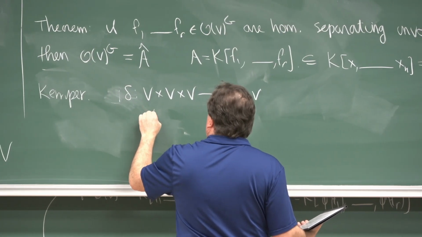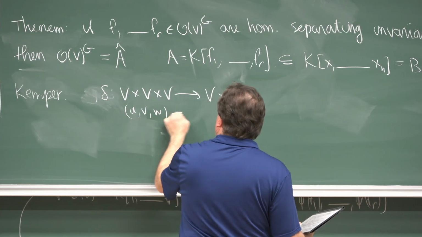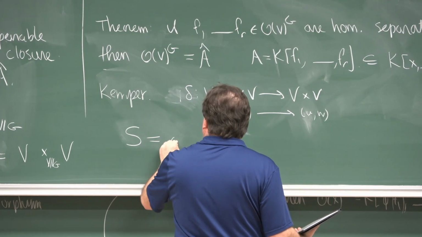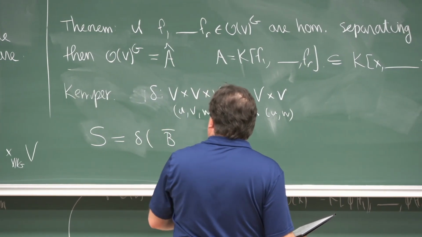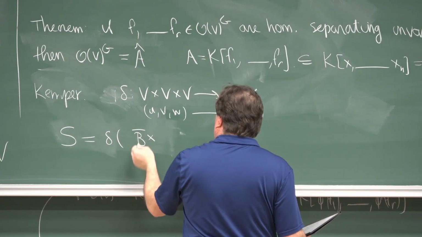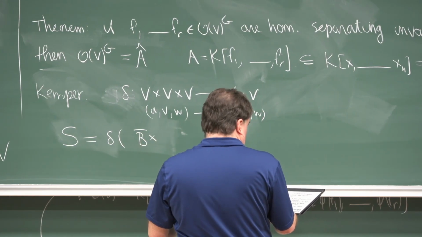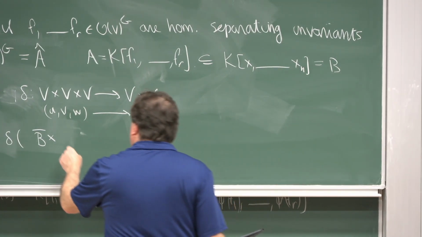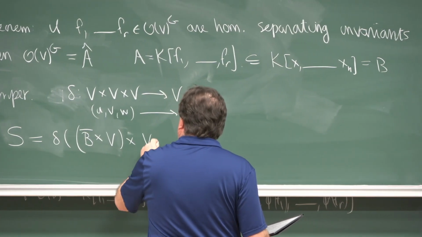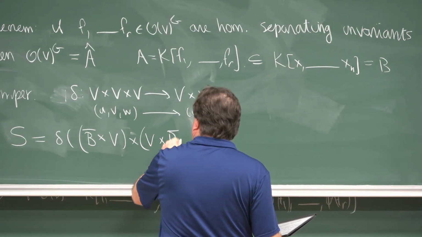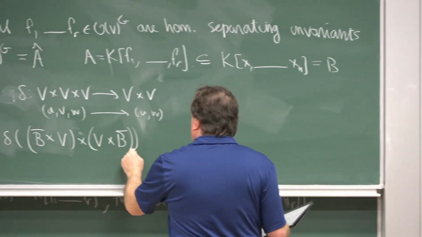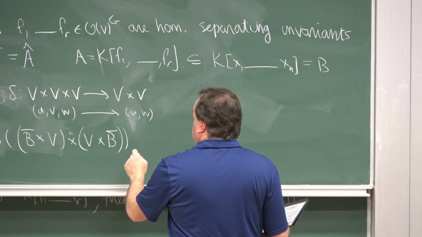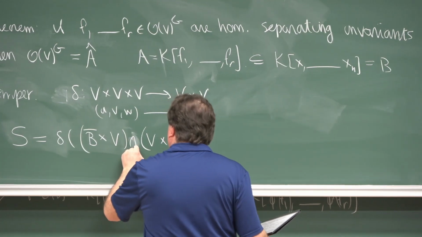So (u,v,w) goes to (u,w). Then S is equal to delta applied to the closure of B times... wait, I think I wrote it wrong in my notes, but then you intersect this.